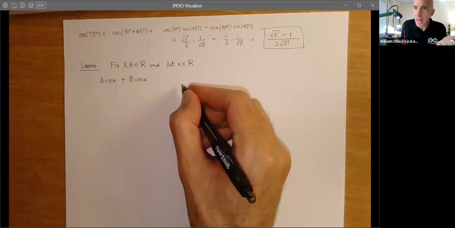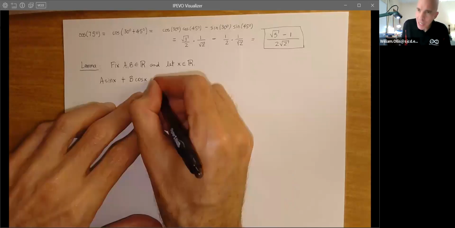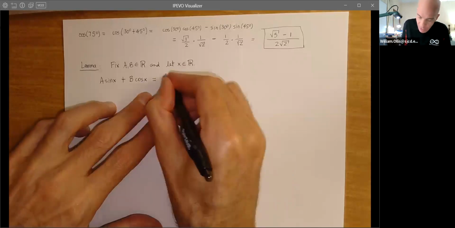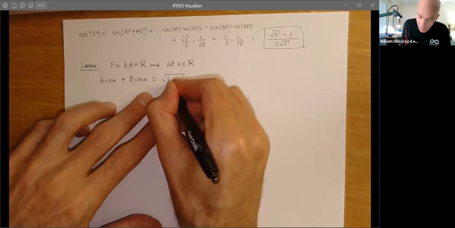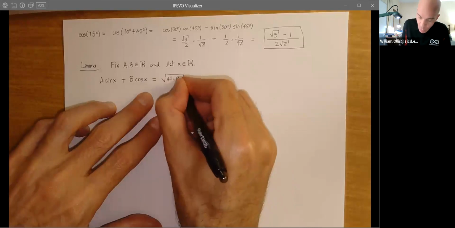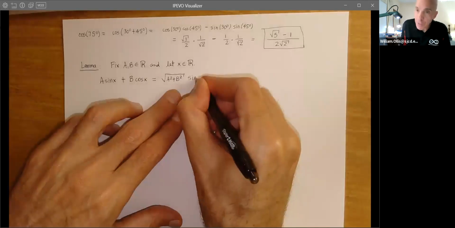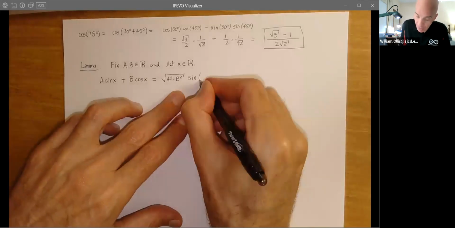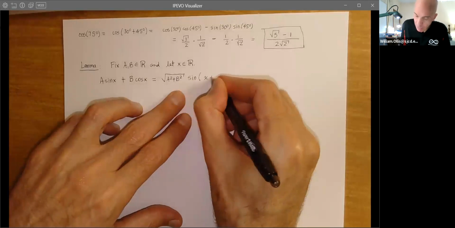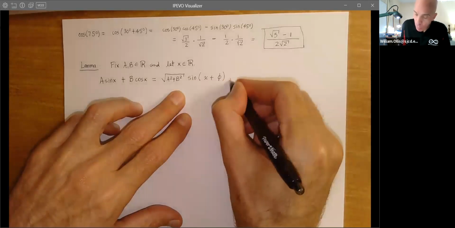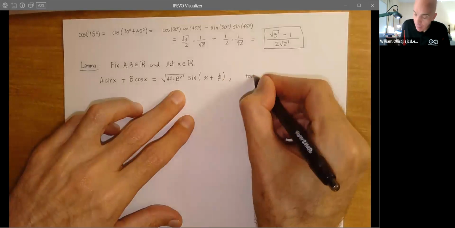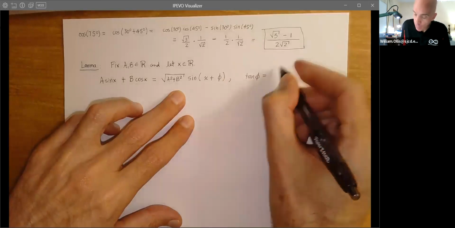And you're thinking, we've got this sine and cosine, sum and addition. Does that help us at all? And it absolutely does. This is actually equivalent to the following expression. It's Pythagorean, see, square root a squared plus b squared times the sine of the sum, x plus phi, where phi, the tangent of phi, is just b over a.